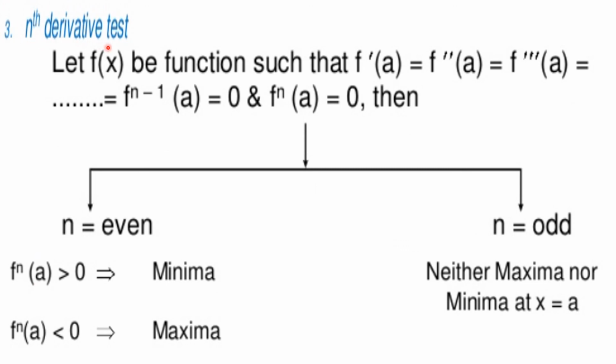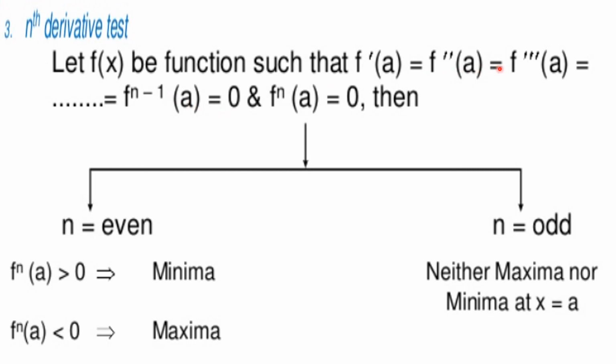This is the nth derivative test. This is an extension to the previous concept. Let f of x be a function such that f dash of a is equal to f double dash of a is equal to f triple dash of a, and so on, up to f to the power of n minus 1 of a is equal to 0.